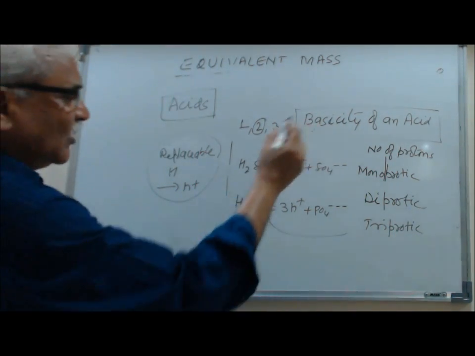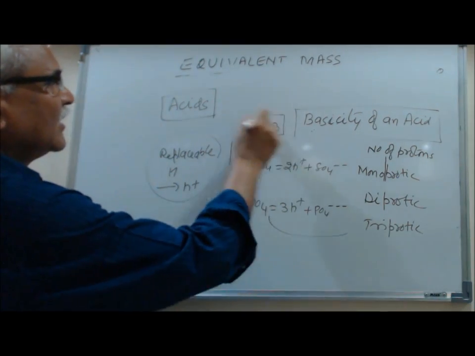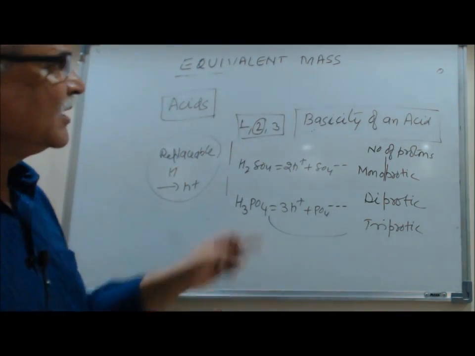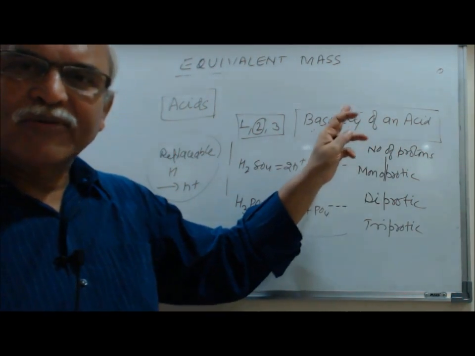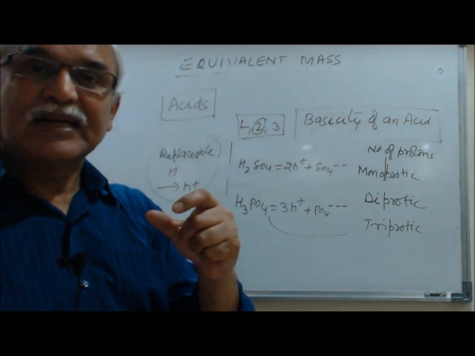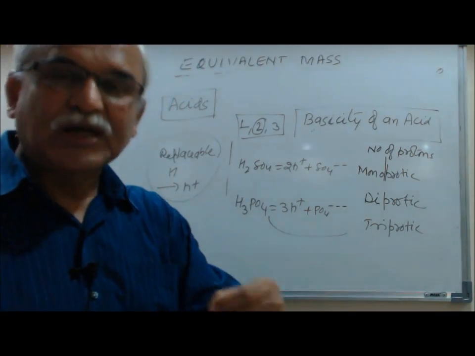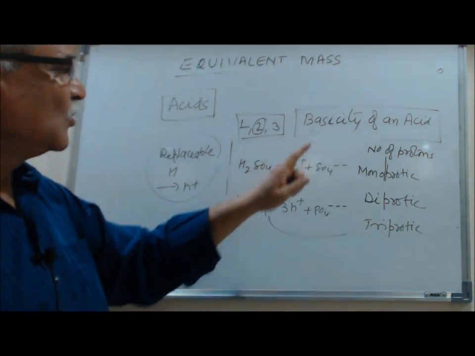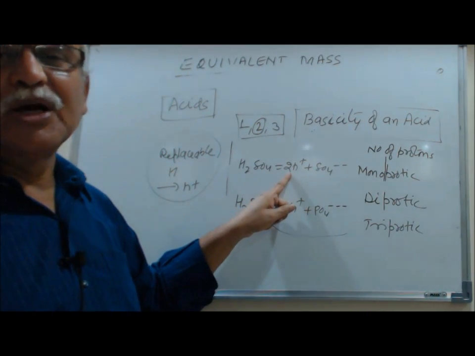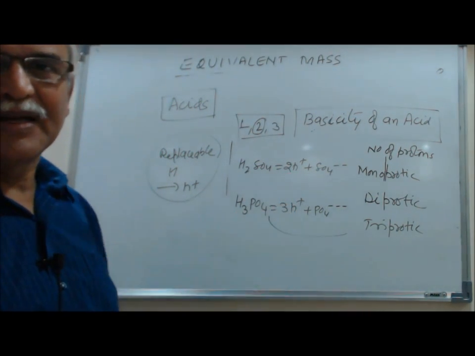So the basicity of phosphoric acid will be 3. So I have been able to explain what we mean by basicity of an acid. If the acid contains hydrogen which can come out as a proton, basicity is just equal to the number of protons coming out of the acid. Am I clear?